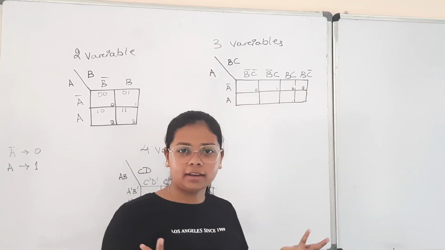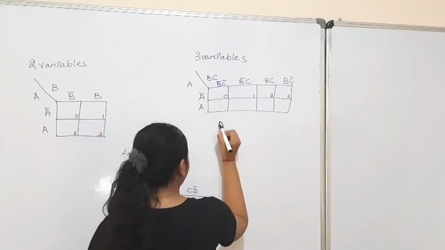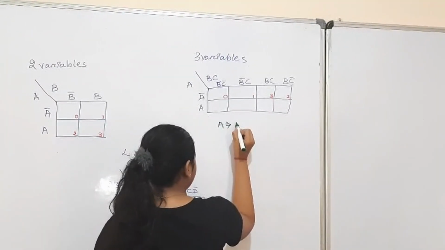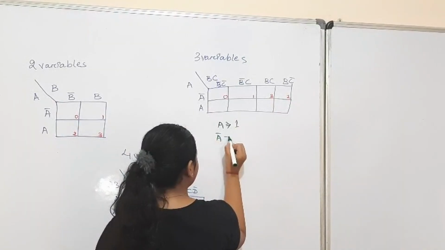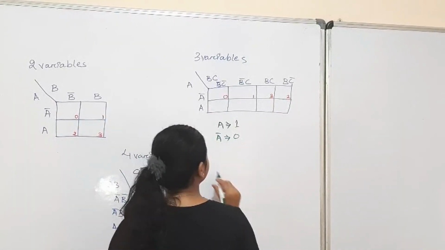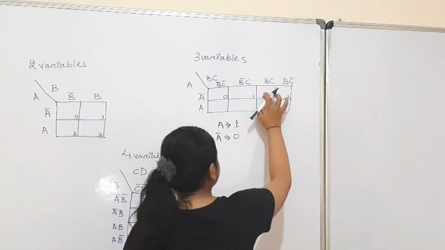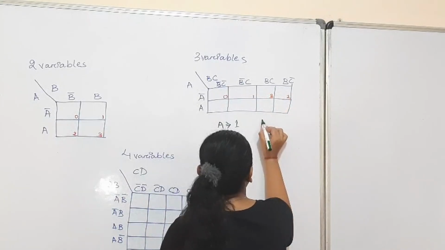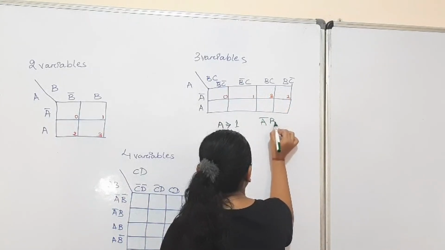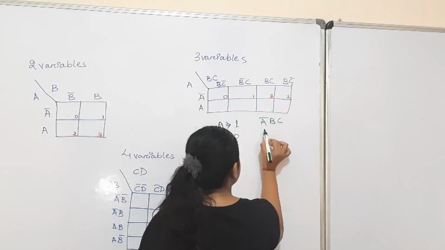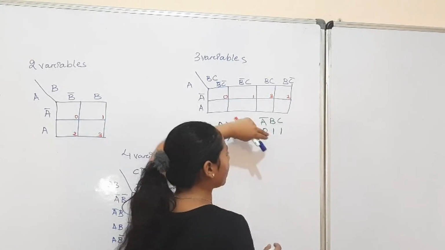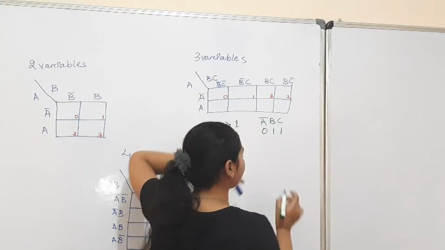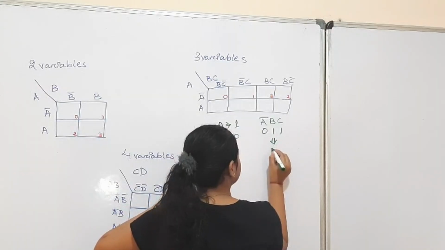Do you know why? Here, the variable will be taken as 1 and its negation will be taken as 0. If you look at this cell, its address is A0, B, C, that is 0, 1 and 1. When we convert it from binary format to decimal format, we get 3.